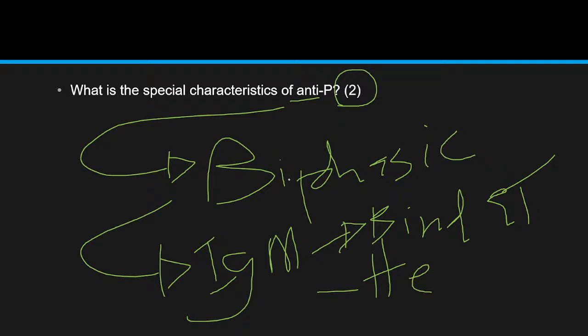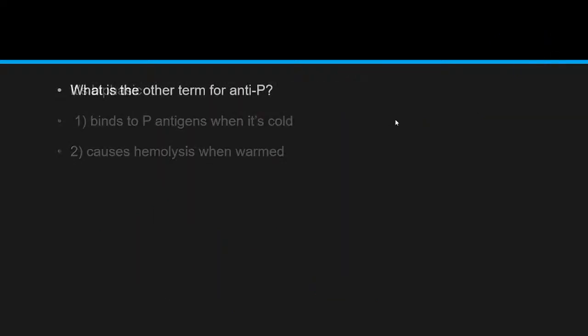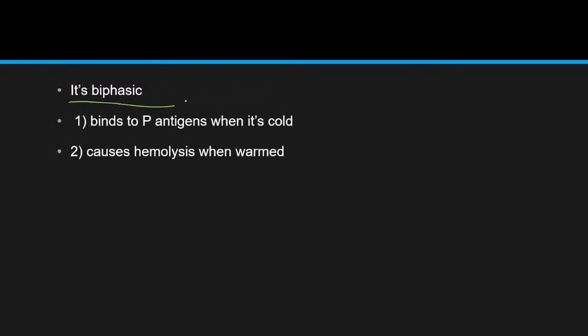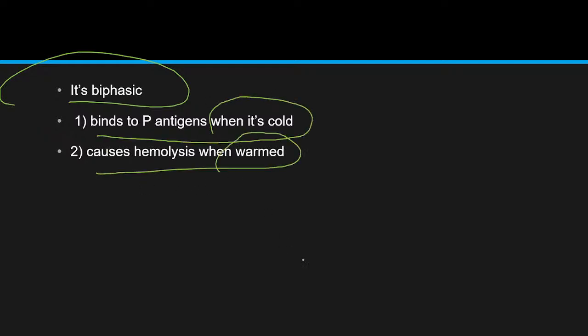Another term for the biphasic immunoglobulin is the Donath-Landsteiner hemolysin. So what are the characteristics of this biphasic one? Okay. So P antigen binds when it's cold. It causes hemolysis when it's warm.